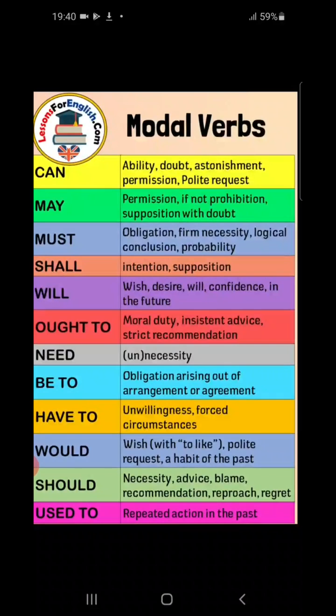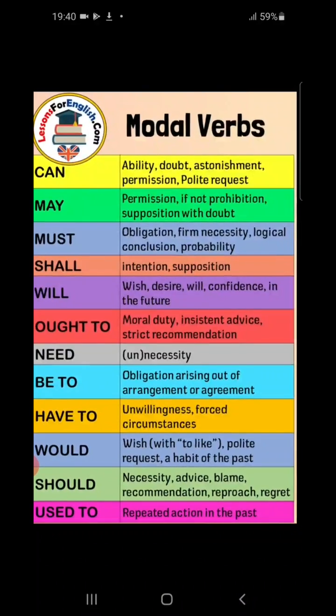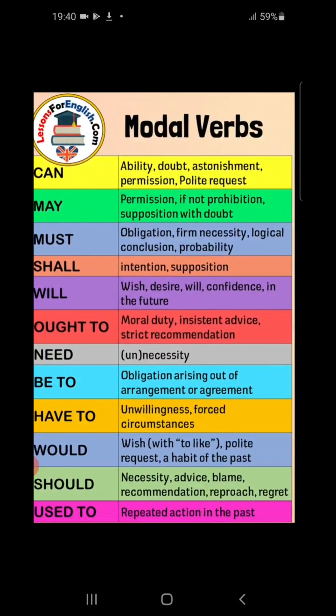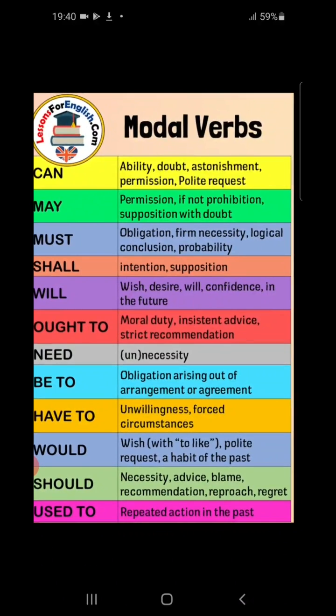If not prohibition means to say no or to prohibit something, to not let something happen, to put an obstacle.